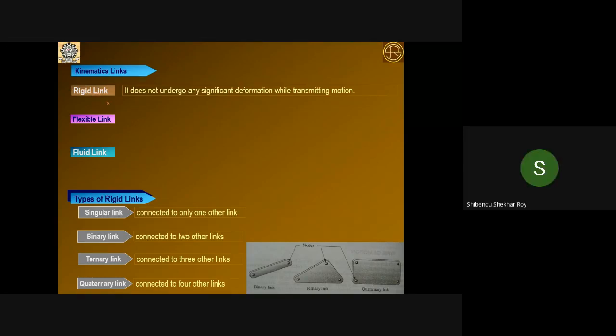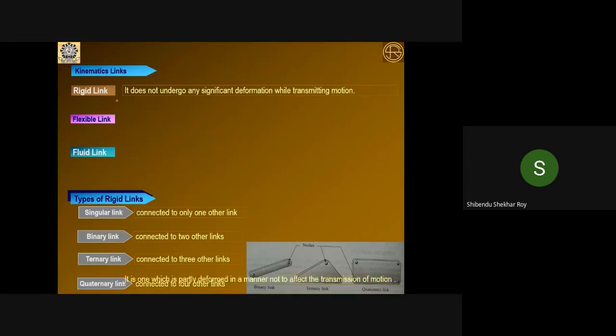Rigid means a resistant body, and it is assumed that it does not undergo any significant deformation while transmitting the motion. Examples are the slider crank mechanism or any mechanism that you have seen in an automobile, made of rigid links: cam, follower, gears and connecting rod are all rigid links.